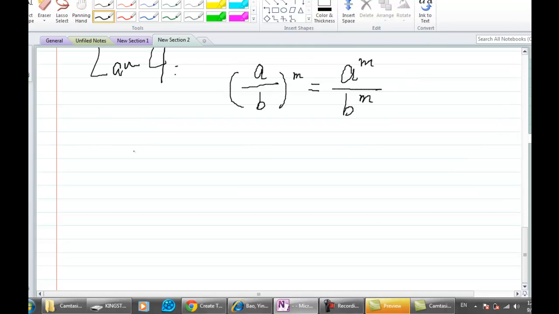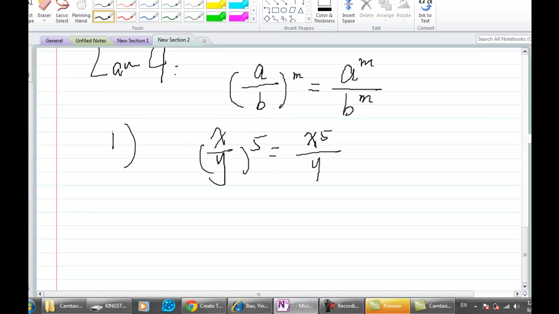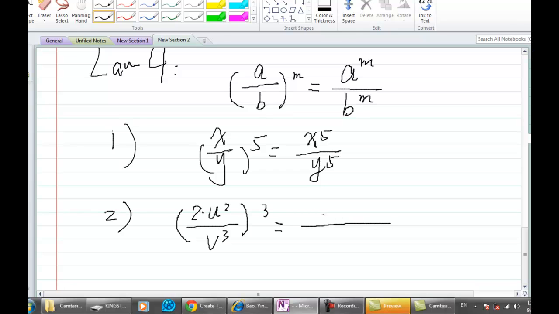And similarly, we're going to have two different level examples here. First is x over y, parentheses, to the fifth power, that is x to the fifth power over y to the fifth power. That's easy. And the second one is 2 times u squared over v cube, then parentheses cube, that is, let's solve the numerator part first.